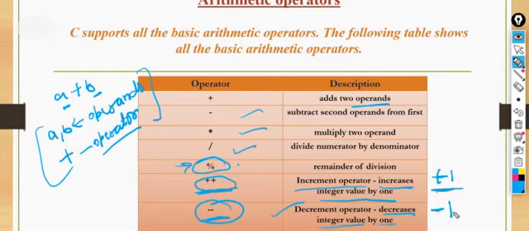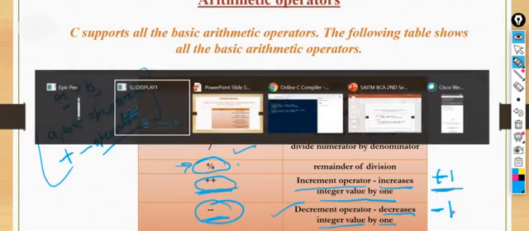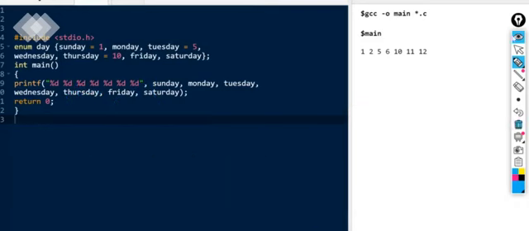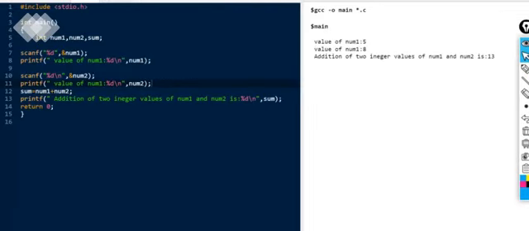Next we can take an example to understand these things in a better way. In this program, in the editor, num1, num2, and sum are three variables of integer type.